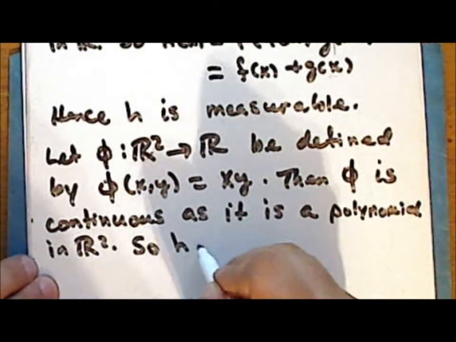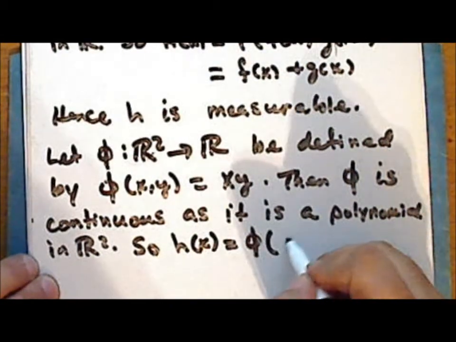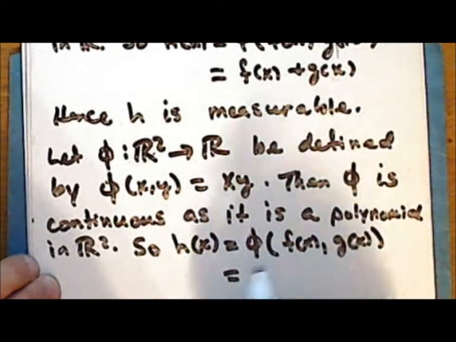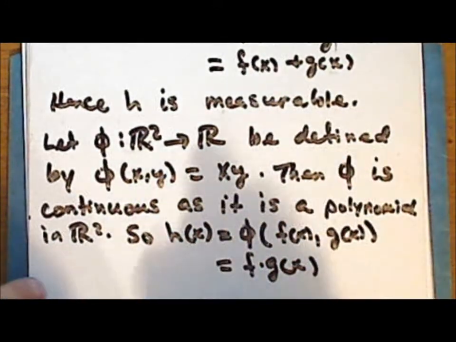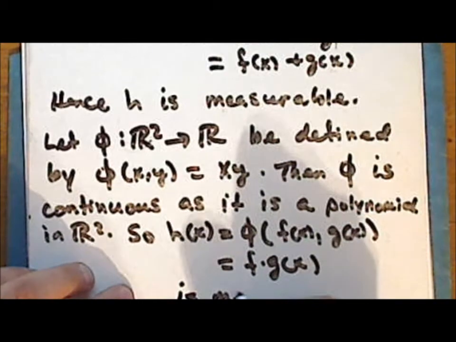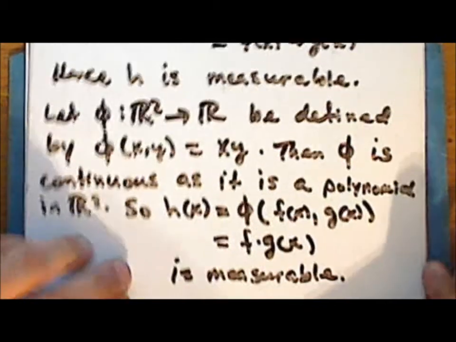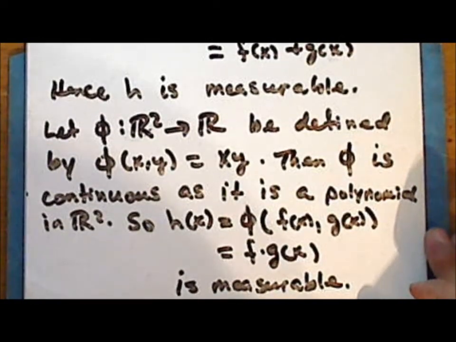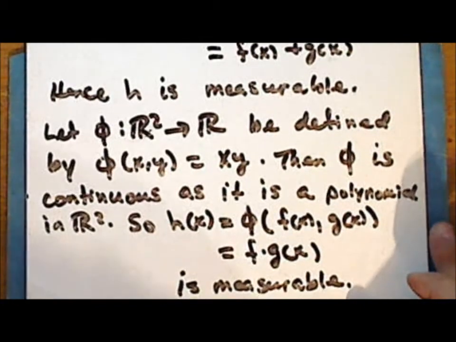And so the function h, which again is, in this case, big phi of f of x and g of x as arguments, which is the product now, this function h is measurable by the previous theorem. Okay, so a nice thing to know is that if we have any two real measurable functions in X, then their sum and product are also measurable.